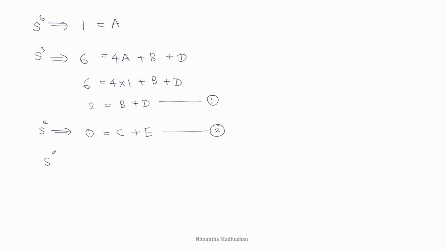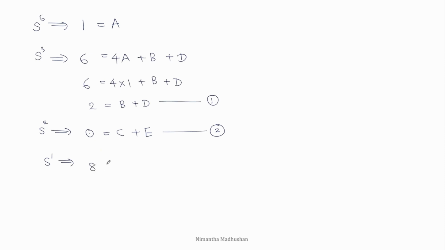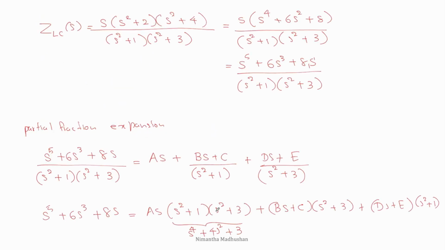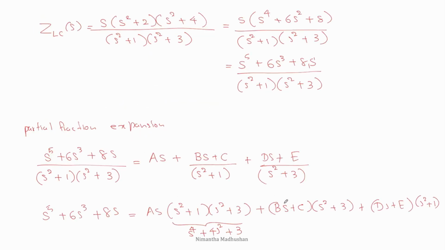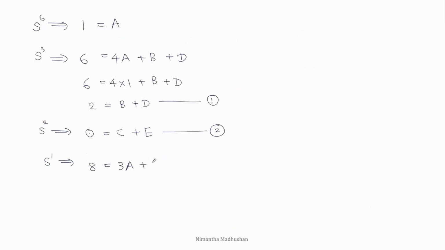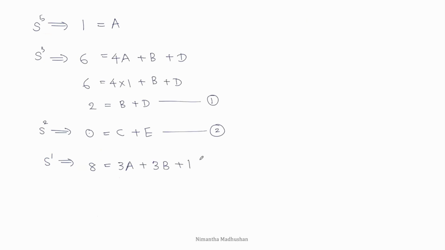Then I consider the s to the power 1 terms. From the left-hand side, the value is 8. From the right-hand side, a times 3 gives 3a, then b times 3 gives 3b, and d times 1 gives d.